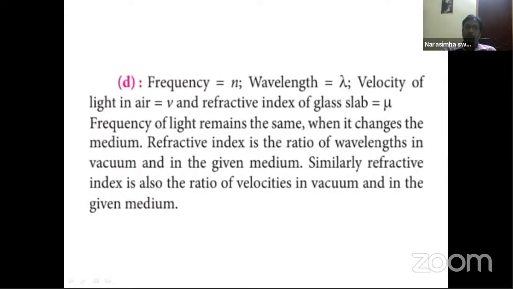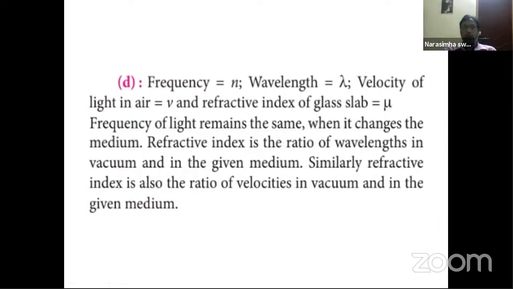Frequency remains constant, because when light moves from one medium to another, the number of oscillations of that light wave within 1 second will not change. So among the four options, n should be the same. They should not be 2n or n by 2.